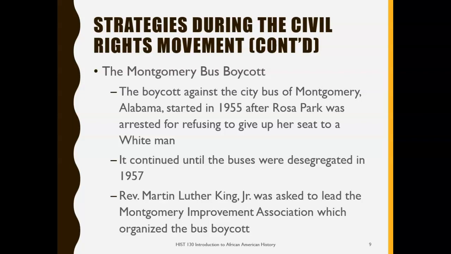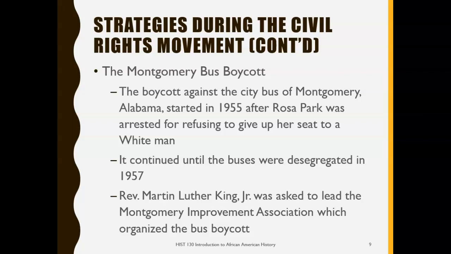And the boycott of the bus by African Americans continued until the company decided to desegregate the seating in the bus. So this happened 2 years after that, in 1957.